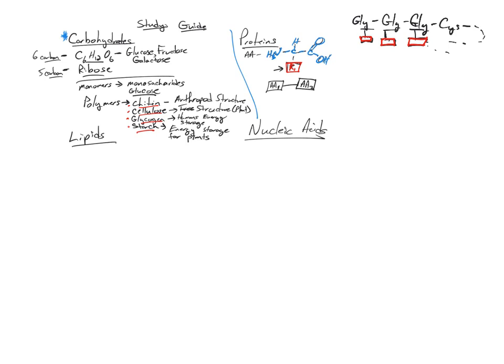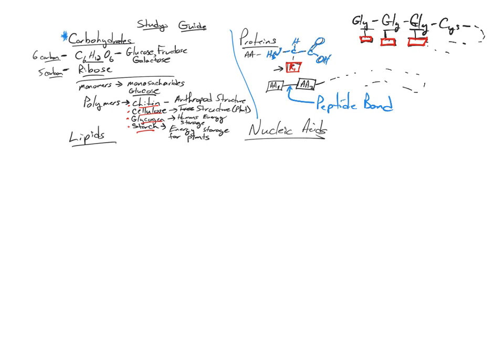So a chain of amino acids is called a polypeptide. Why? Because this bond here is called a peptide bond. And again, this chain keeps going on for as long as a protein is. Some proteins are shorter than others, but you get the point.